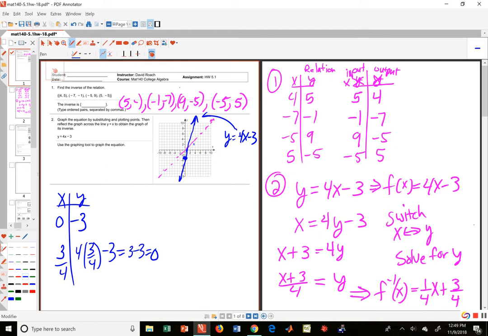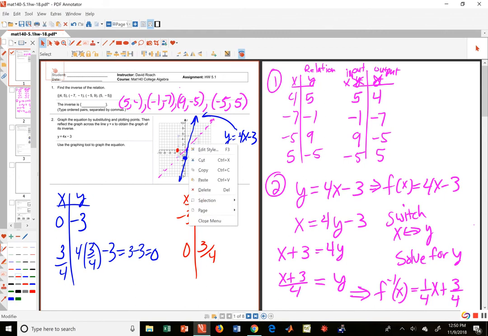To find the inverse function, let's do it in red. You just reverse the inputs and outputs. So you get (-3, 0) and (0, 3/4). If you go to minus 3, we're at 0, so it's that little tick mark right there. At 0, we're at 3/4, so we're really close right there. I know it's really tight in that region.